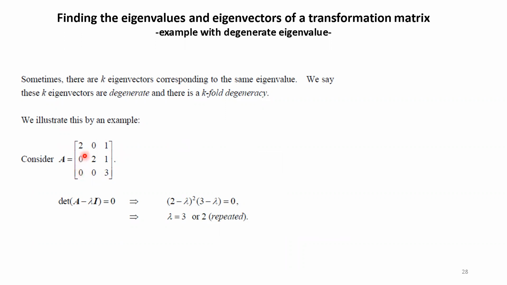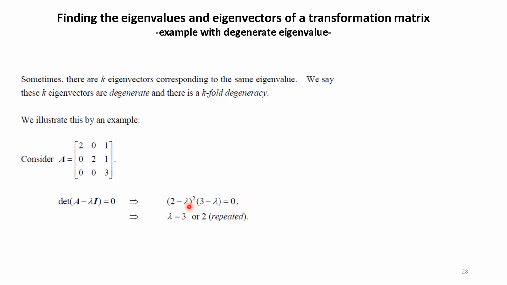If you go ahead and expand this determinant, of course you're going to have a cubic equation, and we'll see that the eigenvalue is either 3 or 2. Just two eigenvalues, and the 2 is the repeated root of this cubic equation.